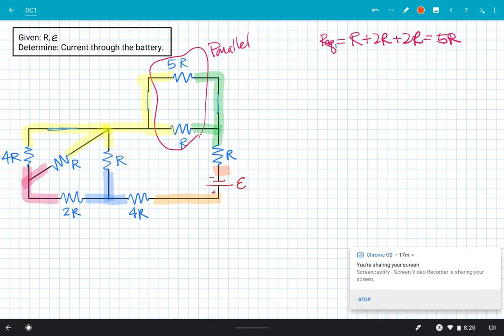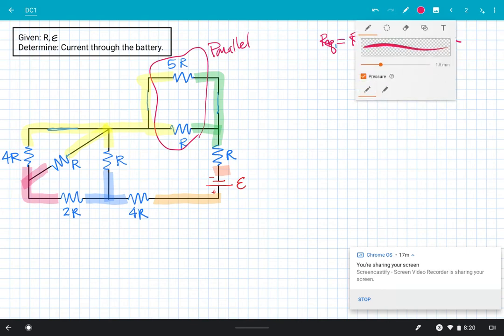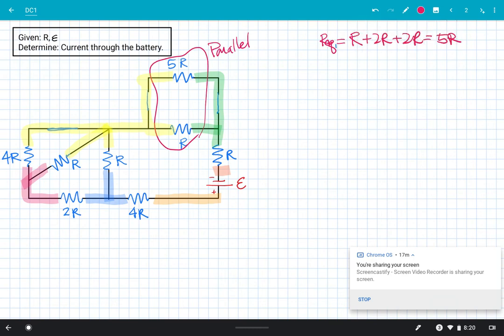So the 4R and R that I had identified earlier are in parallel. They both go from yellow to pink, and I don't see any other yellow-to-pink element, just that pair. So I can replace those as well. I can call this R equivalent 2. 1 over R equivalent 2 would be 1 over R plus 1 over 4R.